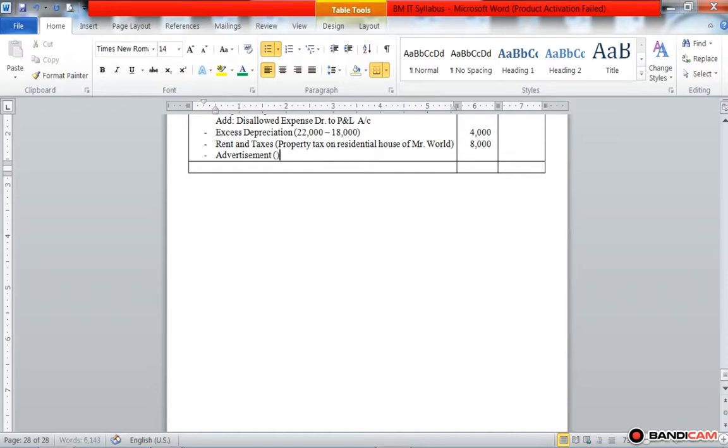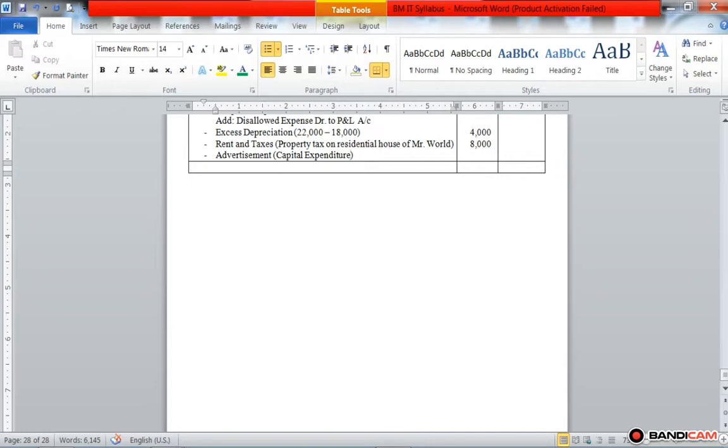Capital expenditure means expenditure incurred on fixing the name and symbols of the business on the premises of the business.